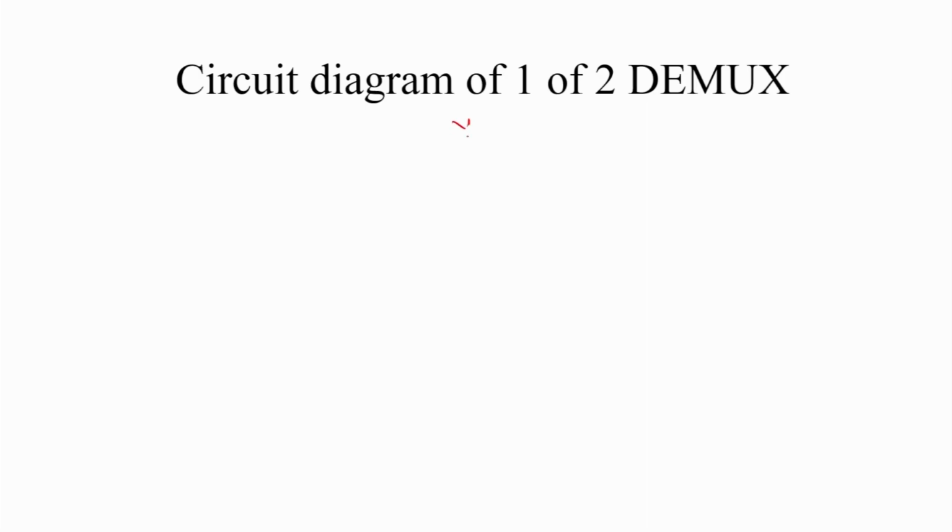We know the output y0 is written in terms of S complement into I, and y1 is S into I. Simply, here we take the selection line, and after applying a NOT gate, the S complement goes from here.